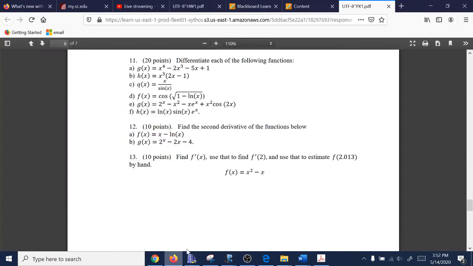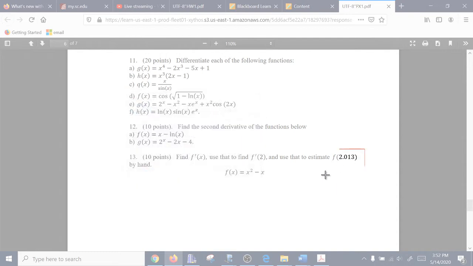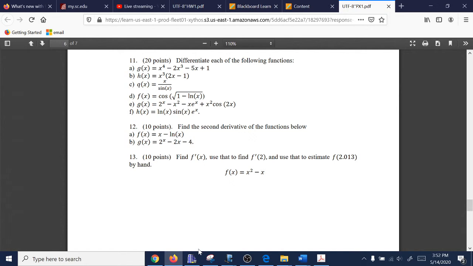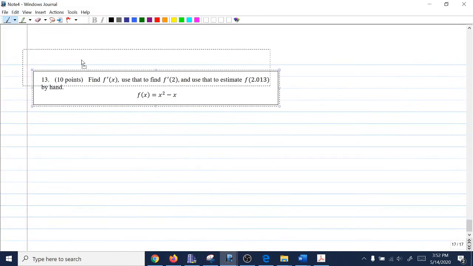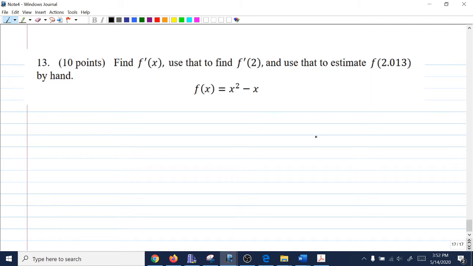And last one. This is another combining things from chapters 2 and 3 problem. Where's my copier? There it is. Find the derivative of this function, use that to find the derivative at 2, use that to estimate f of 2.013.